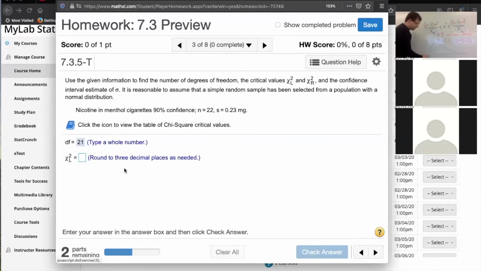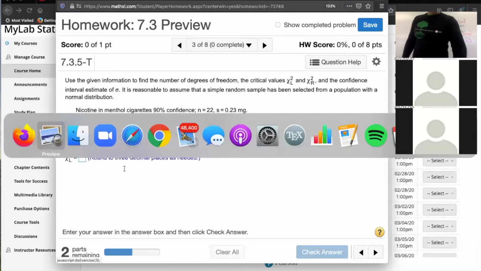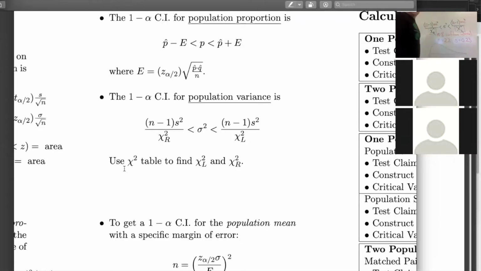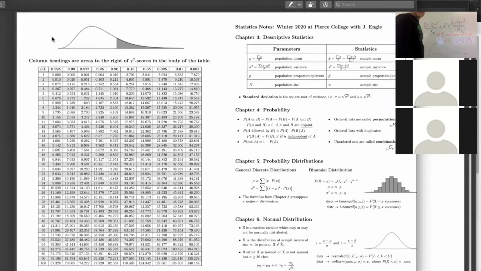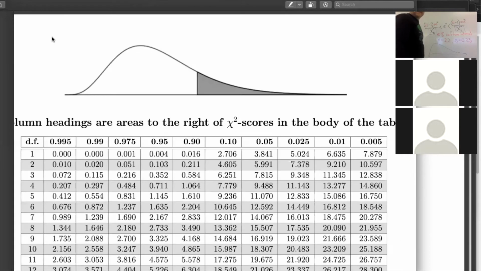So it starts at 0, but it keeps decreasing forever. And that's your chi-square distribution. Notice it's the same picture that you see on your green cardstock notes on the very back. Remember that part? It's the same picture that you see there.